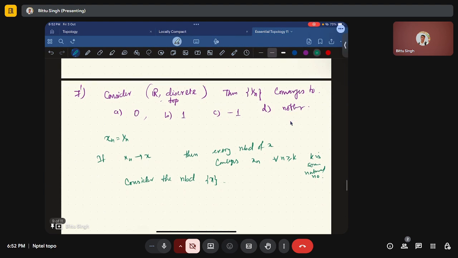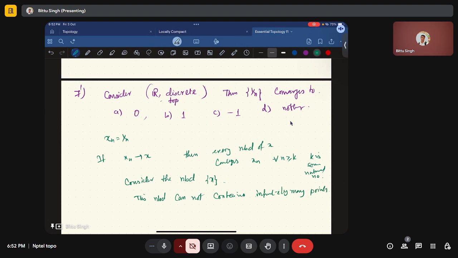Therefore, it is clear this neighborhood cannot contain infinitely many points.